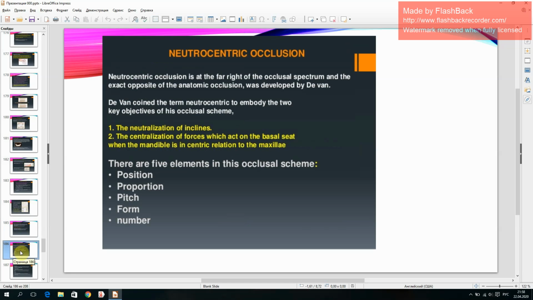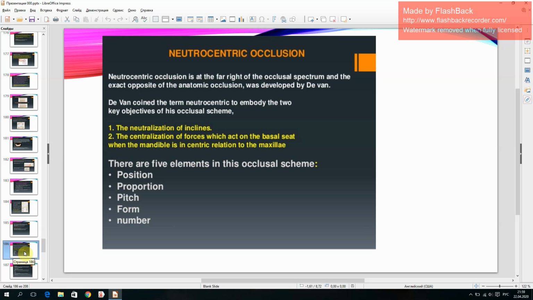Nature-centric occlusion is at the far right of the occlusal spectrum and the exact opposite of anatomic occlusion. It was developed by Devan. Devan coined the term nature-centric to embody the two main objectives of his occlusal scheme: the neutralization of inclines and the centralization of forces which act on the basal seat when the mandible is in centric relation to the maxilla.